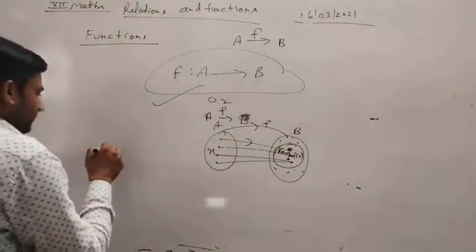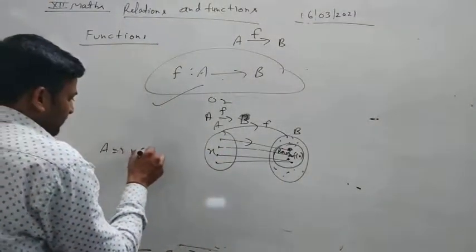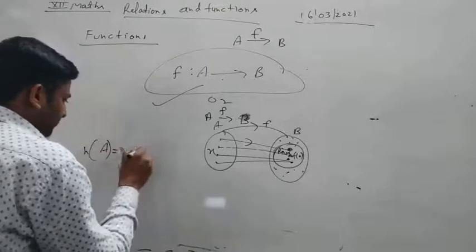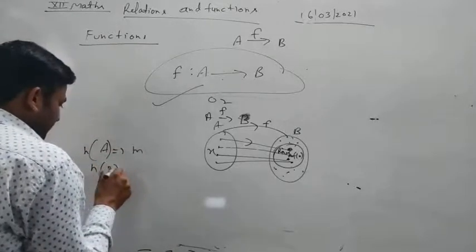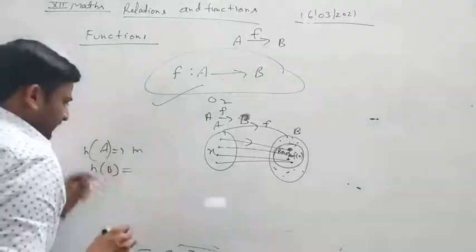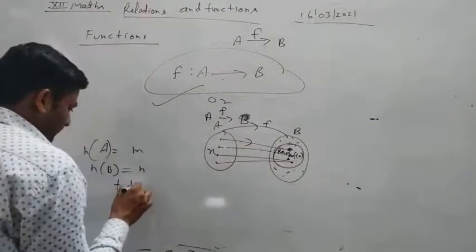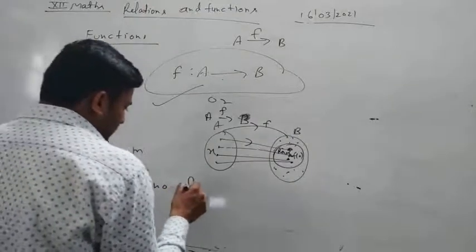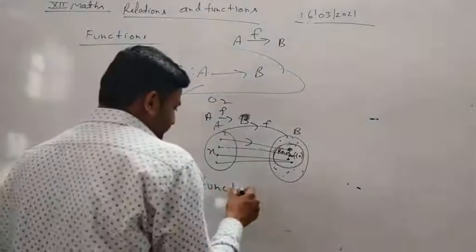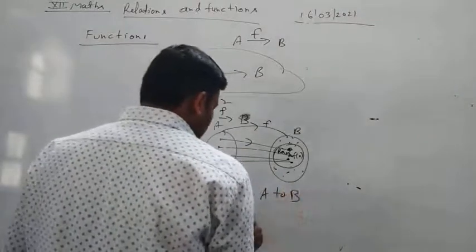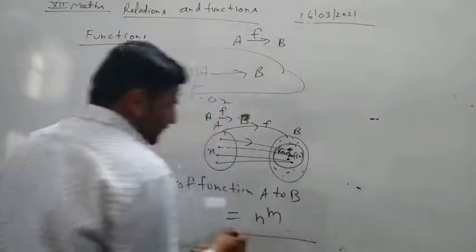If the number of elements in set A is m, and the number of elements in set B is n, then the total number of functions from A to B is n to the power m.